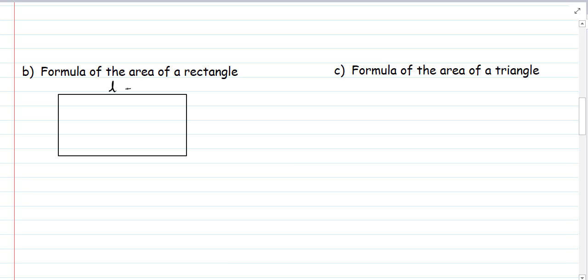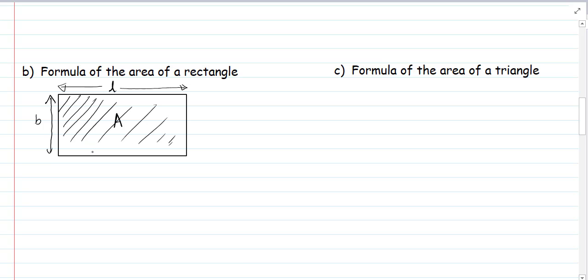If the length is L and the breadth is B, how are we going to find the area, the 2D space occupied by this figure? Area is equal to length times breadth. Clear?